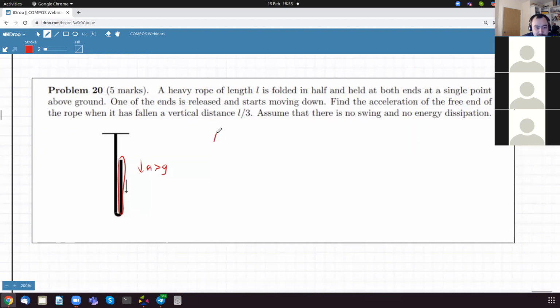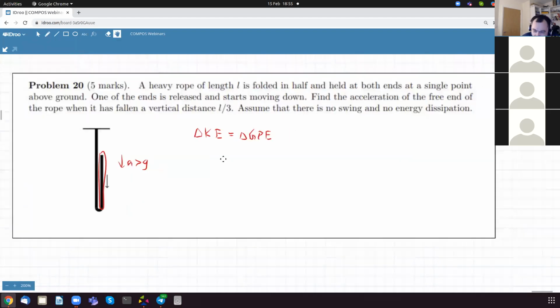So we have a flow of gravitational potential energy to kinetic energy. Change in kinetic energy equals change in gravitational potential energy. Okay, and it is a heavy rope. Now, it's going to become very mathsy.